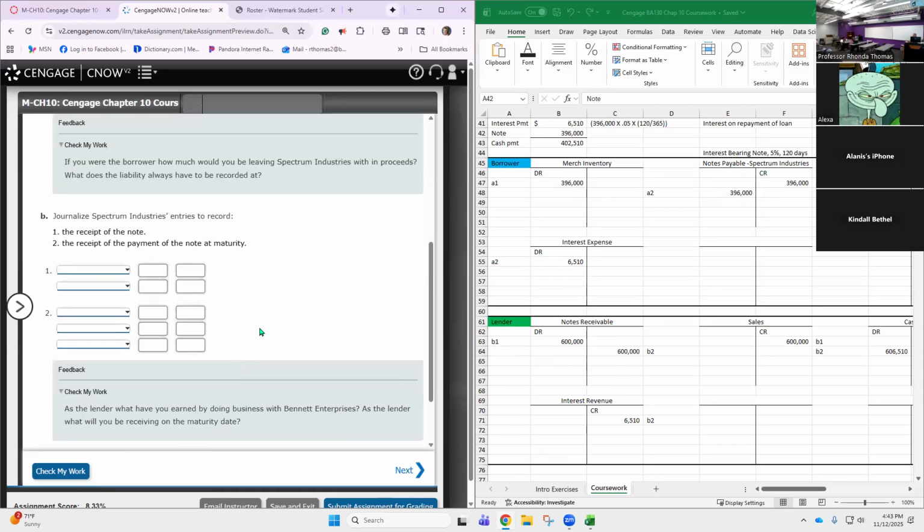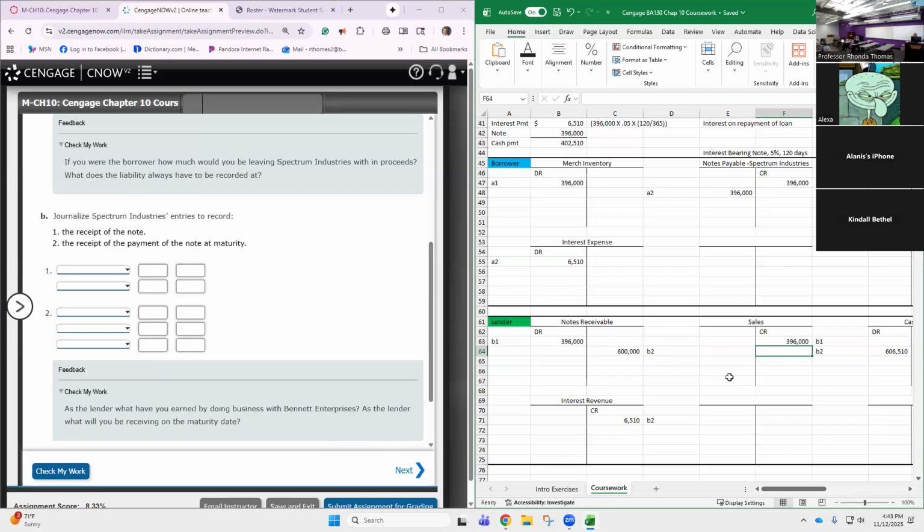So now we're going to look at it from the perspective of the lender. So the lender puts this amount in of the note, right? And it is the sales. Now, I don't know what the cost is of this, so we're not putting that in here right now.